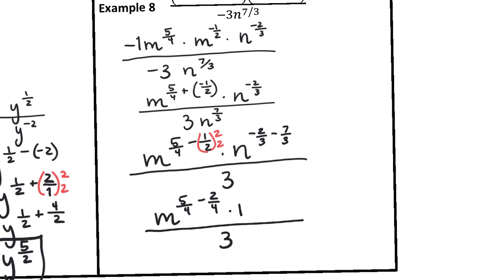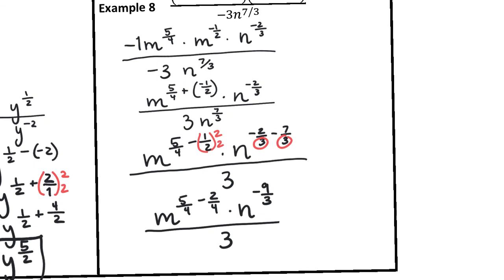And what happens with the n's? Negative, they both have a common denominator already. They both have 3. So that means that their numerators can combine, but they're both negative, so they're going to add negative. So negative 2 minus 7 is negative 9 over 3. Negative 9 over 3.